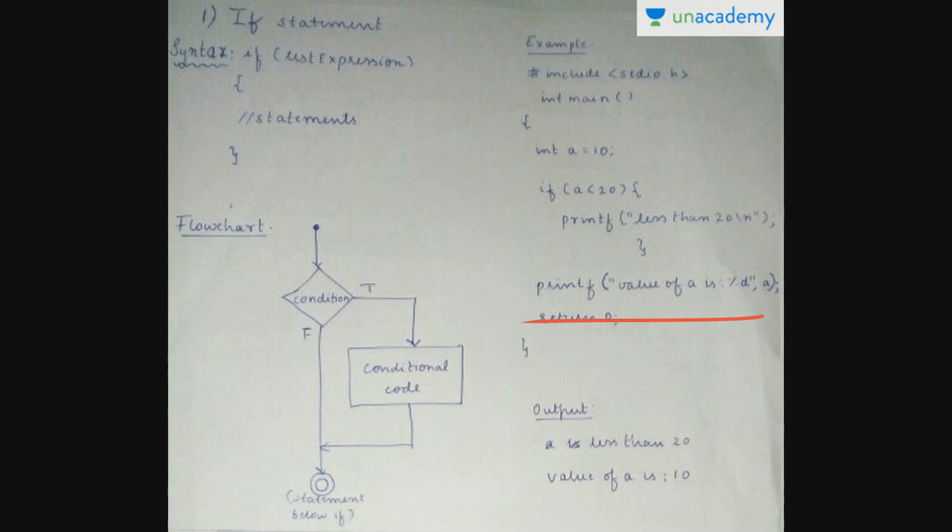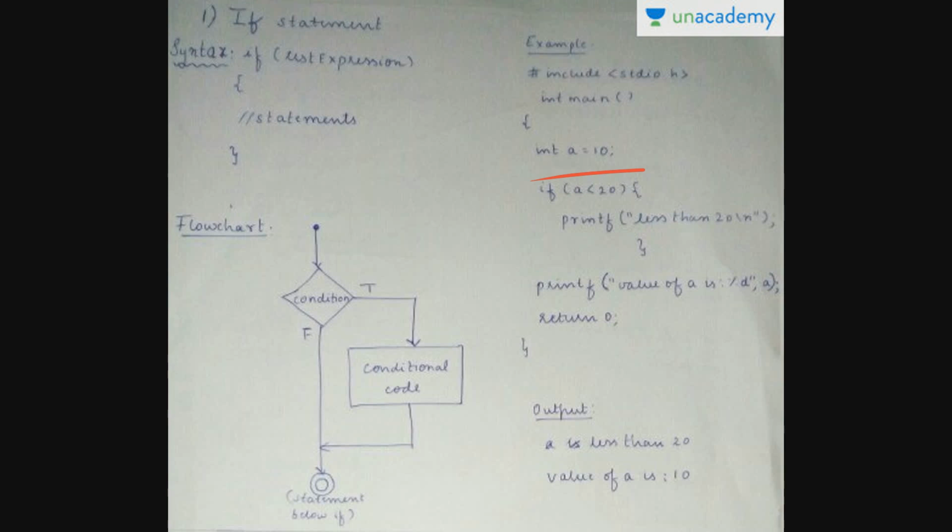So we are checking if A is less than 20. If the condition is true, then execute and print this statement, that is, we are printing that it is less than 20. But if this condition is false, ignore this and just print the statement: printf value of A is 10.